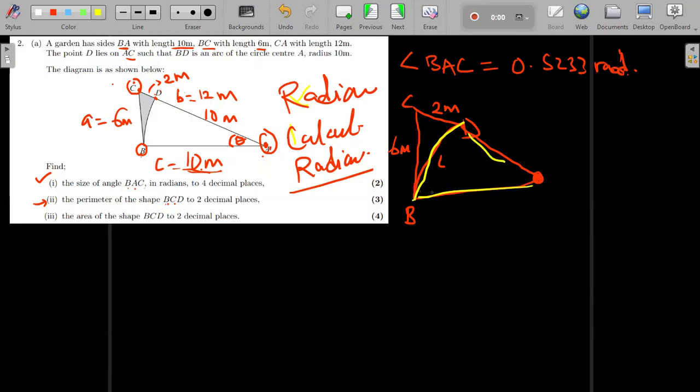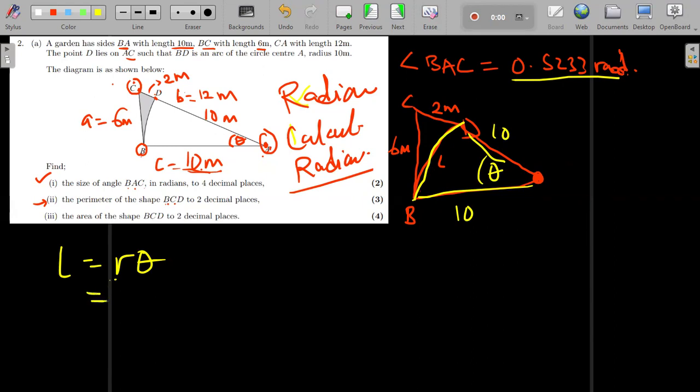How do we find the arc length of the sector? Arc length is equal to r multiplied by theta. r is the radius, and theta is the angle, which we found here. The radius, remember, we're told it's 10 meters. So we can find that arc length.